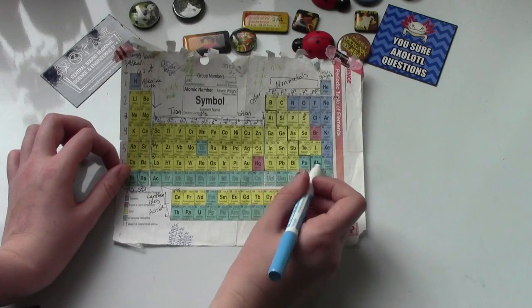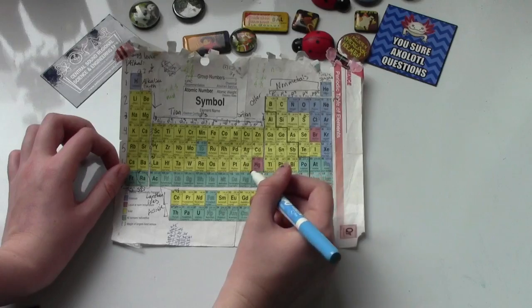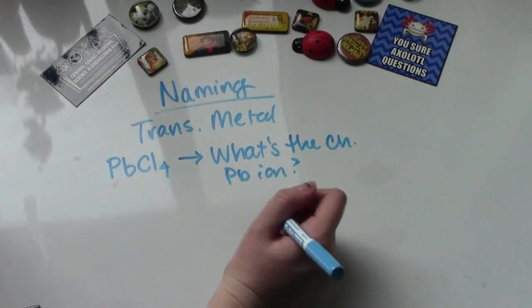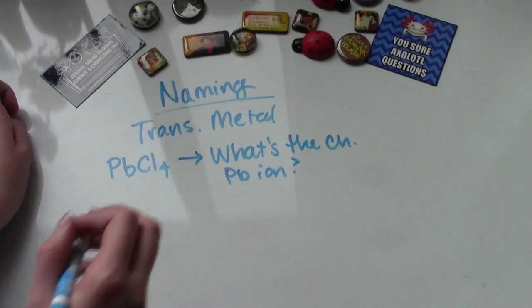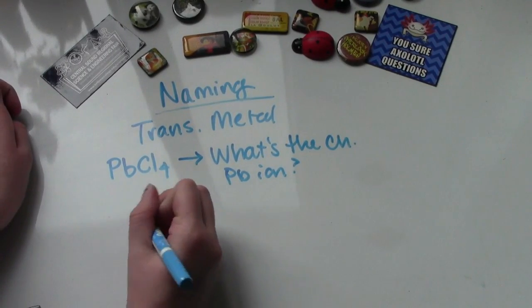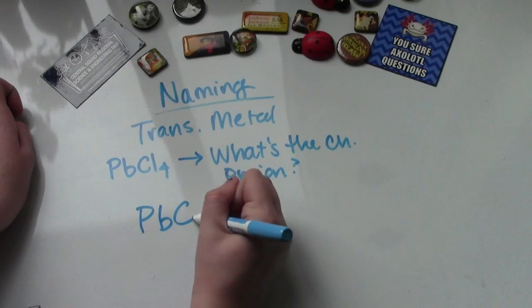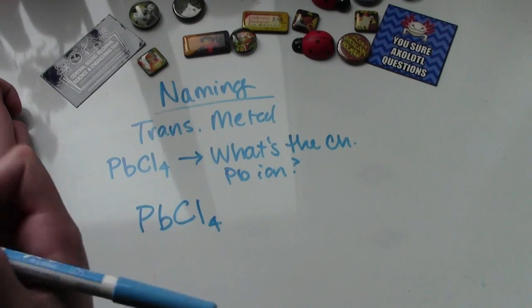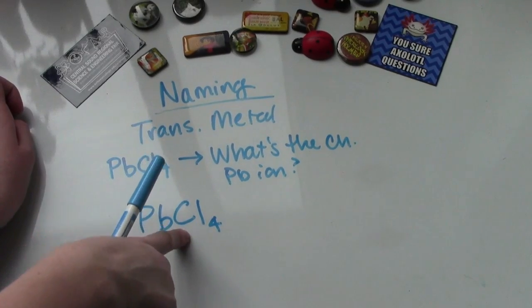So lead doesn't really look like it can gain or lose electrons, so we're going to have to go at it from a molecular standpoint. So we have PbCl4. How can we find out what the charge on the lead ion is? Well, we can find it using the chlorine.